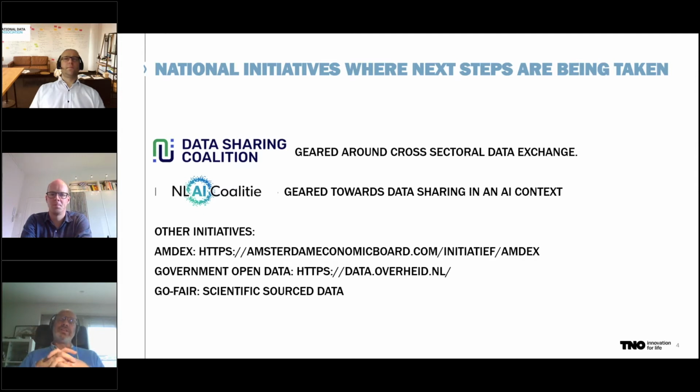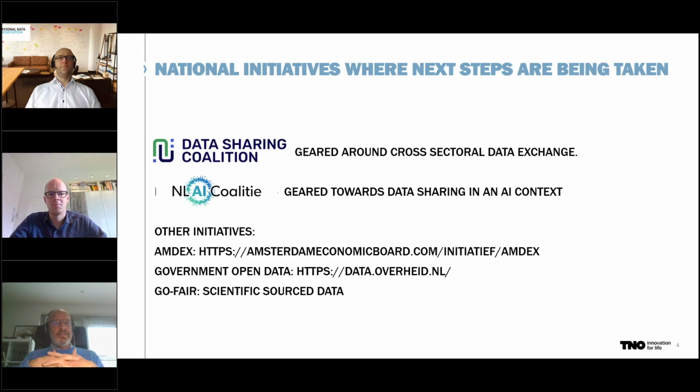So this started last year in January, and is now a very active community where it's use case driven. They have a number of examples where they're working on them. So good stuff, you could say, and very much also built around the principles that were mentioned in the previous slide. The second one is the Nationale AI Coalitie, the Dutch AI Coalition.